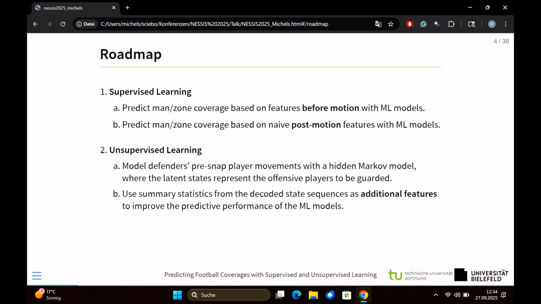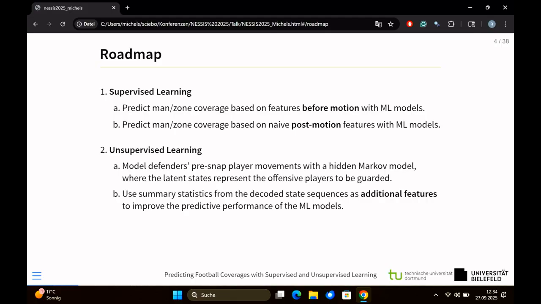What we focus on is the unsupervised learning. We want to model the defenders' pre-snap player movements with a hidden Markov model, where the underlying states correspond to the offense players to be guarded by the defenders. From that, we calculate summary statistics of the decoded state sequence and put them as additional features into our supervised model.